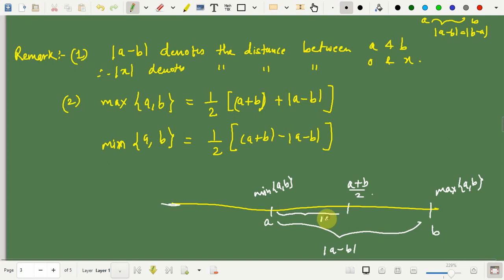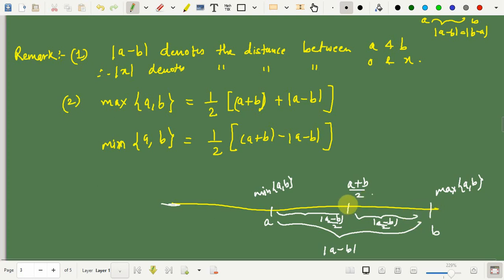So, that is mod of a minus b by 2, and this distance would again be half of this distance. So, this distance is mod of a minus b by 2, and therefore, this distance is also mod of a minus b by 2. And so, how do we write down this maximum in terms of this distance and a plus b by 2?